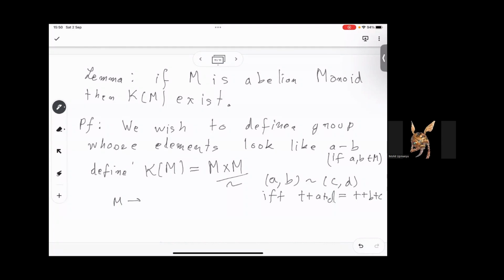if we give a map from M to G, then we can uniquely extend it from K(M) to G by sending, if this map was phi, A minus B to phi A minus phi B, or phi A times phi B inverse, if that's what you want.